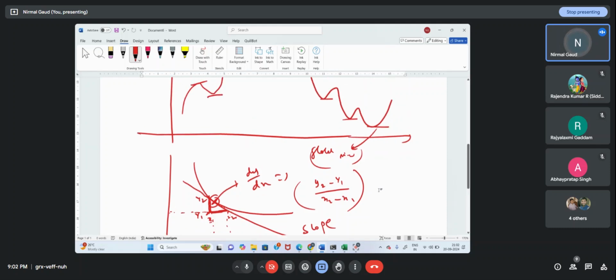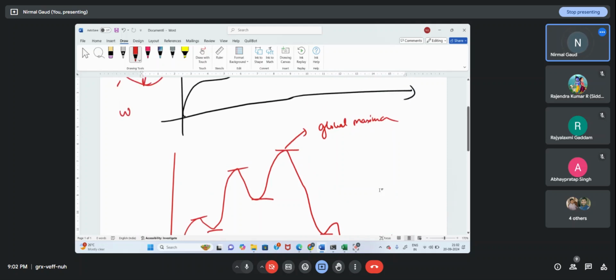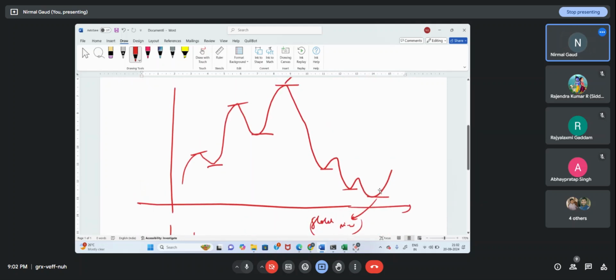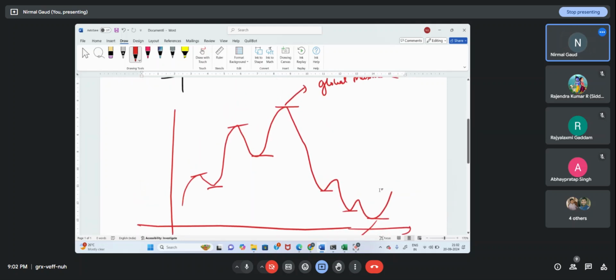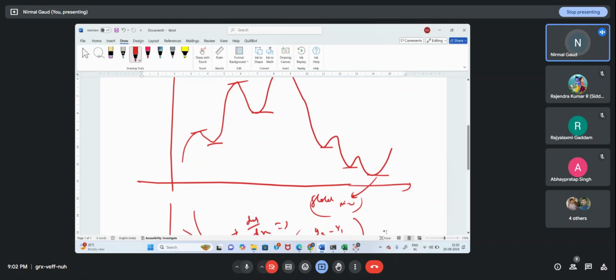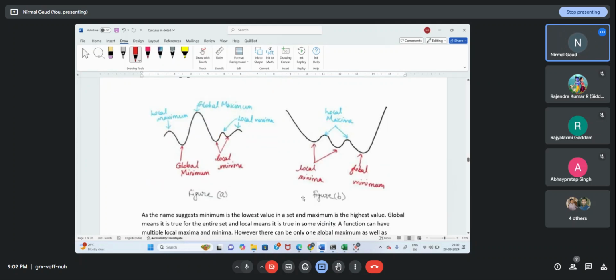Okay, and if I say that these are the global minima and maxima, check what my plots are here. This is the global minima, that is the minimum of all. This is local minima, this is local minima. There could be many minimas, there could be many maximas, but they are local.